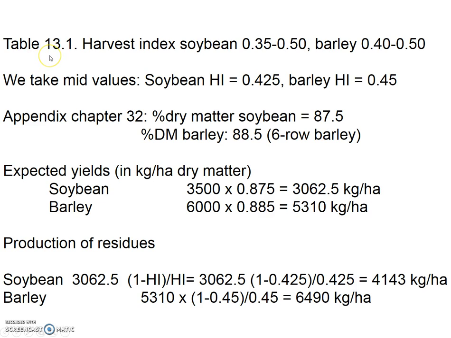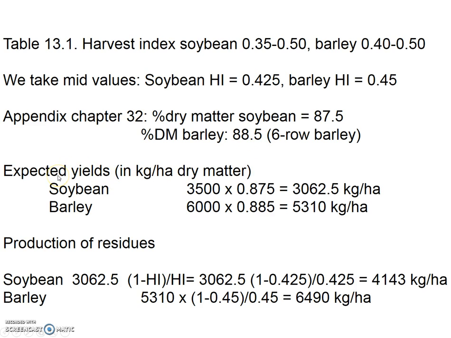In table 13.1, we look for the harvest index for soybean between 0.35 and 0.50, for barley between 0.4 and 0.5. We take mid values for the two crops, and then we go to the appendix in chapter 32 to look for the percent dry matter in soybean seeds, which is 87.5, and for barley grain, which is 88.5.